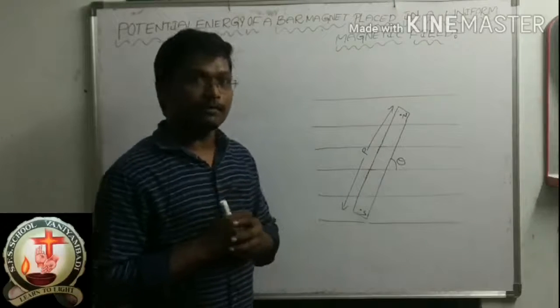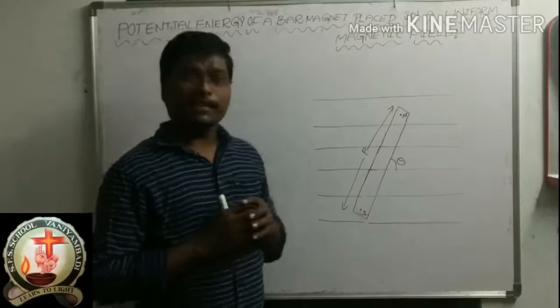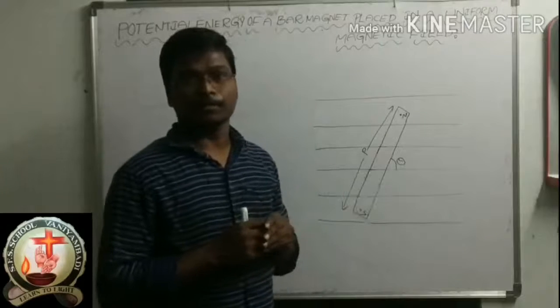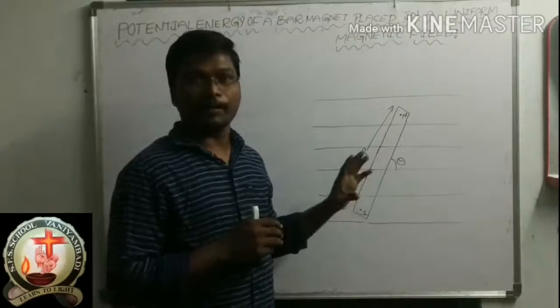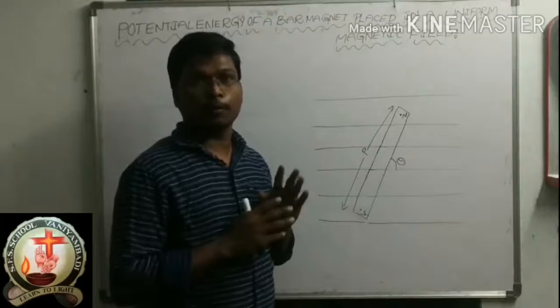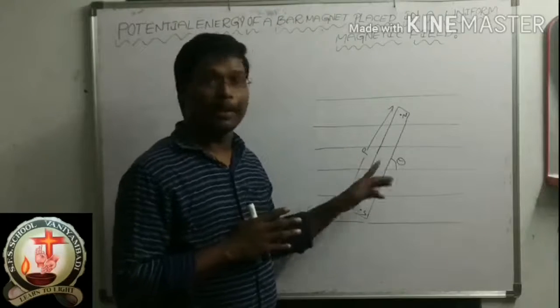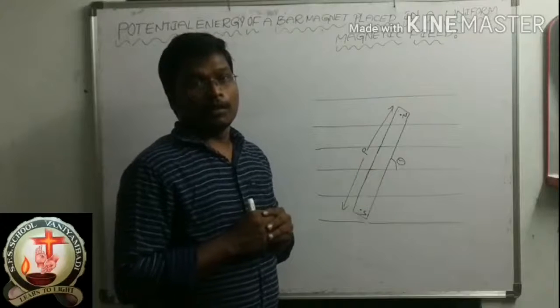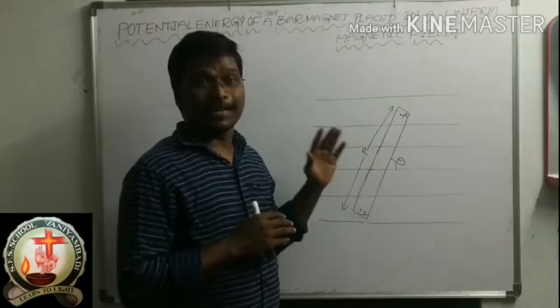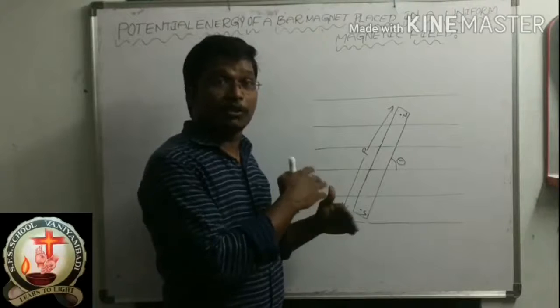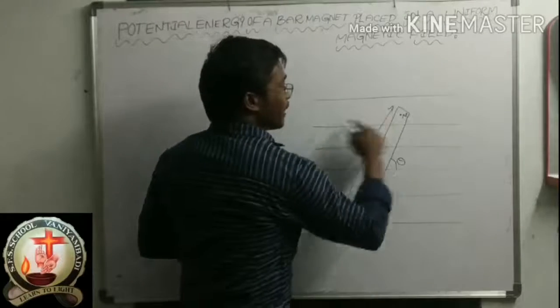Once again I will tell, listen. Let us consider a magnet that has two poles, south pole and north pole, and magnetic dipole moment P. Let us place the magnet in the uniform magnetic field. This is the uniform magnetic field.